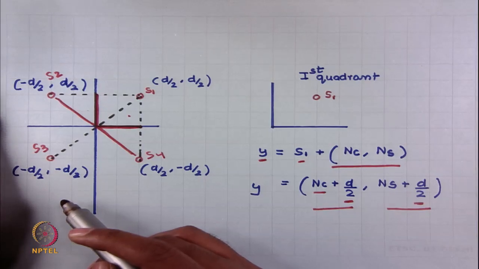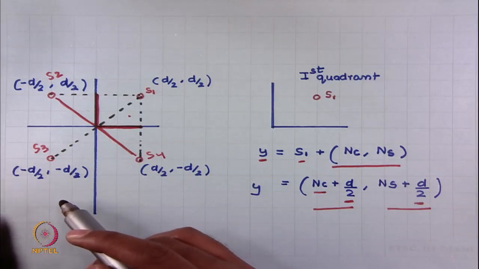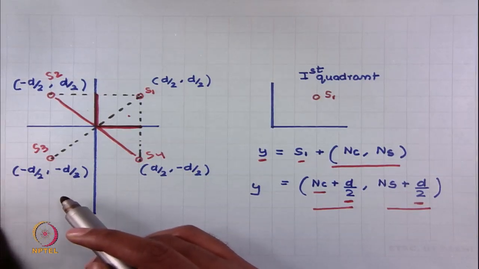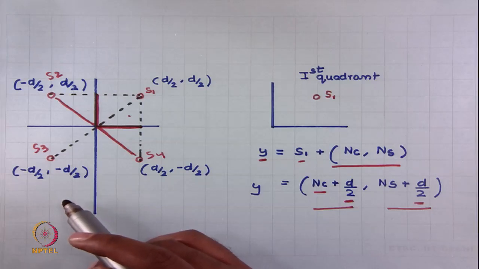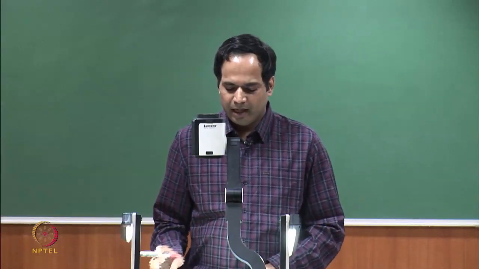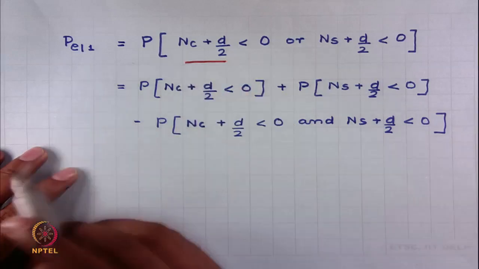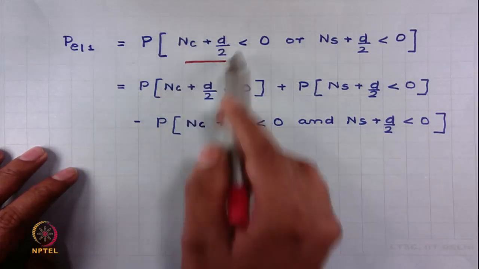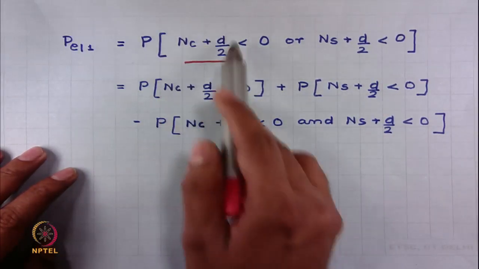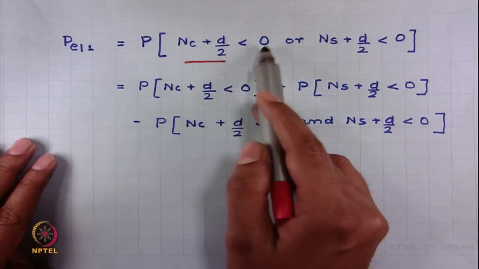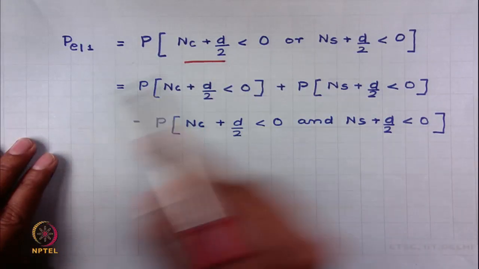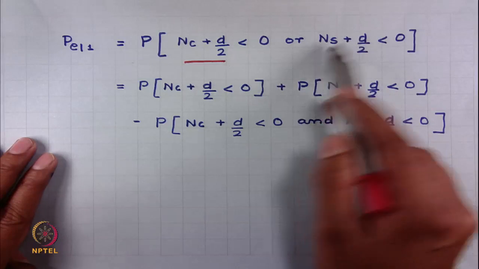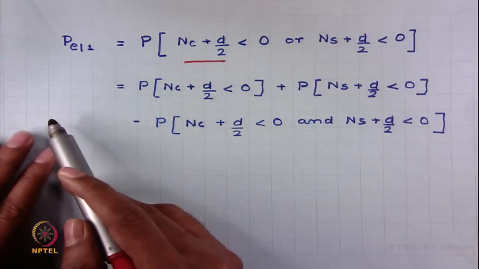And when will the received observation slip out of the first quadrant? This will be when NC plus d by 2, that is the value of the received observation in the x direction, is less than 0, or NS plus d by 2 becomes less than 0.